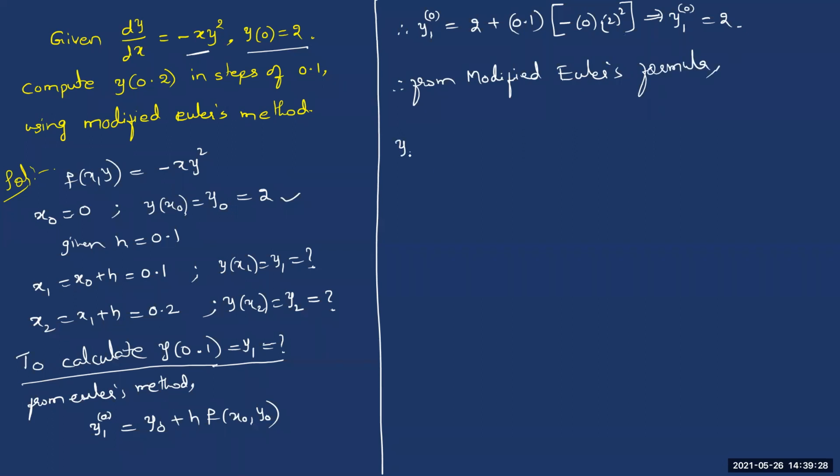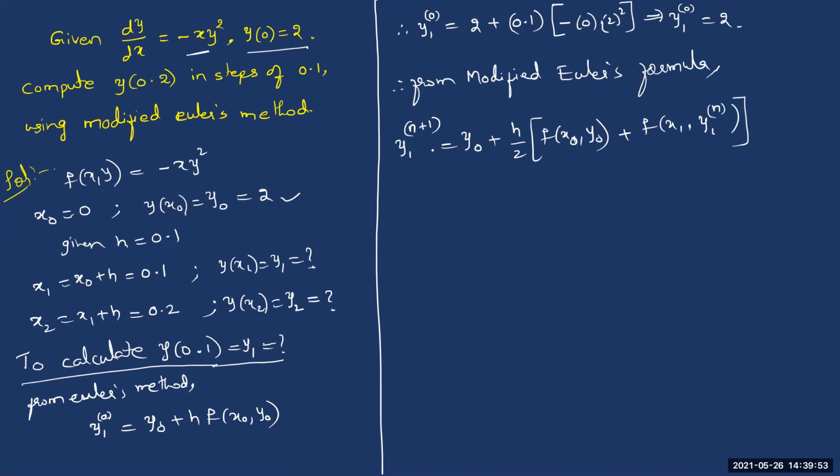See, we'll use this formula: y1 (n plus 1)th approximation is equal to... I'm writing all this formula every time so that you can remember it, just to improve our practice. It is y naught plus h by 2 times f of x naught, y naught plus f of x1, comma y1 nth approximation.